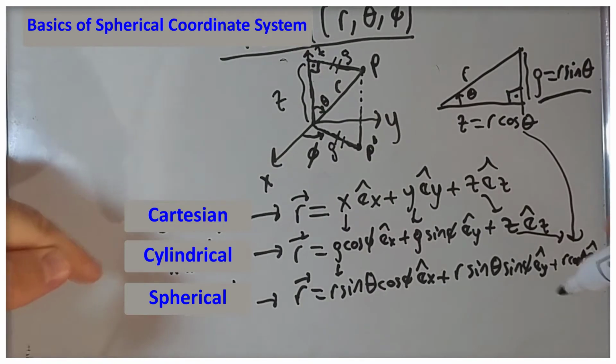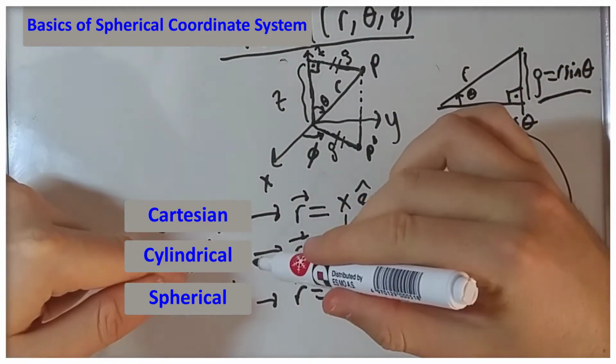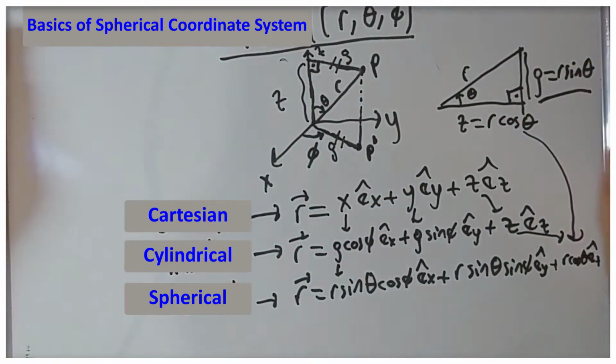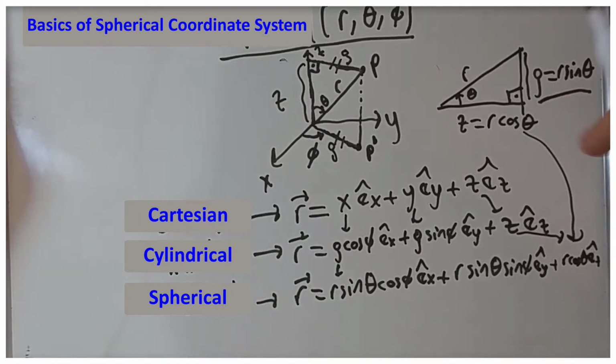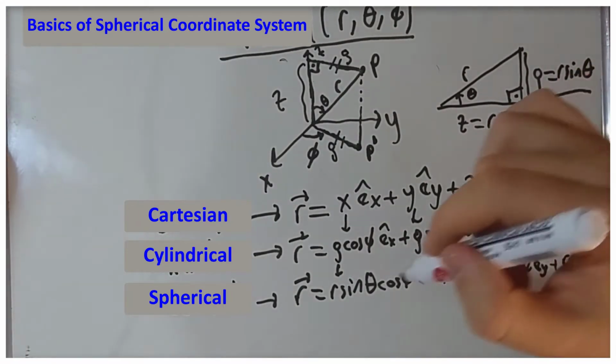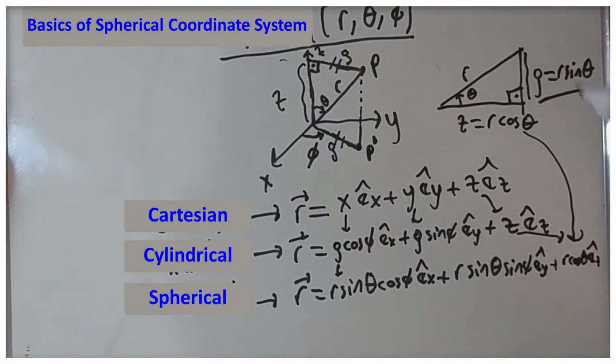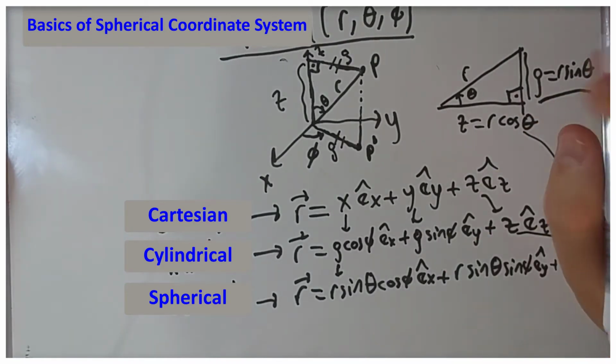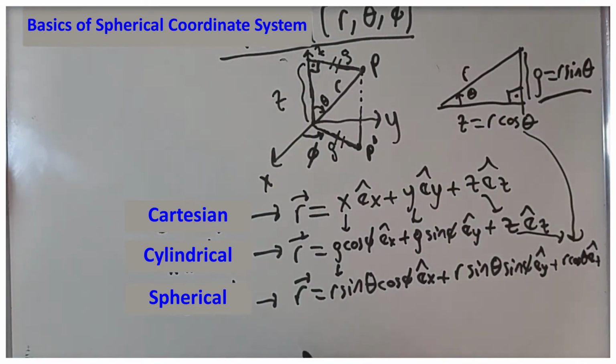I have found all three of them. I have expressed Cartesian, cylindrical, and spherical in this way. Now let's take a look at the matrix part again. My goal here is to see how we can find Hr, H theta, and H phi.